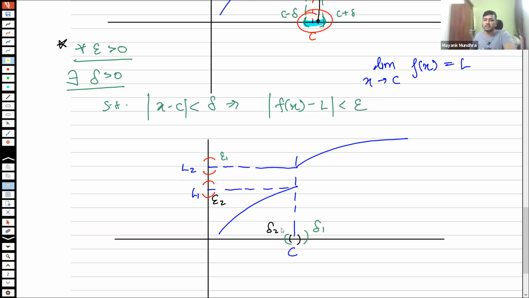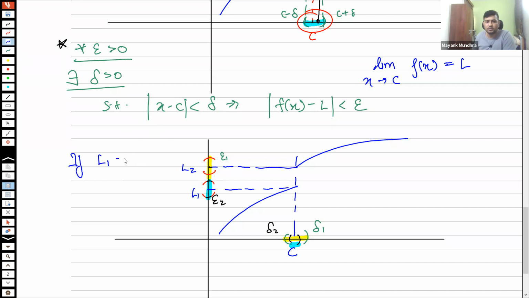So what I'm saying is that every point in the delta 1 region should be mapping in the epsilon 1 region here, and every point in the delta 2 region, which is a smaller band, should be mapping in epsilon 2.